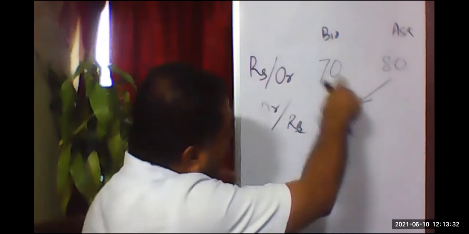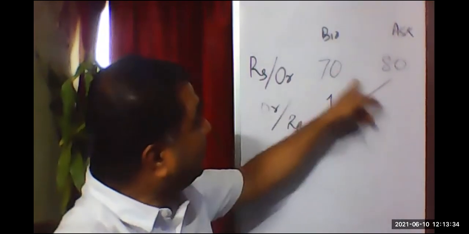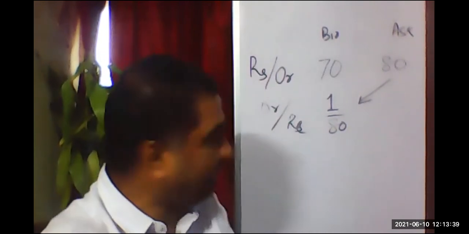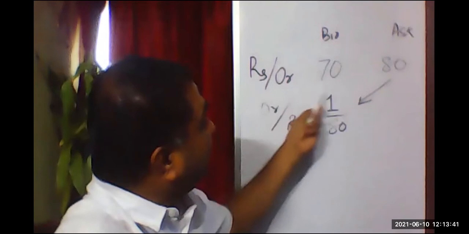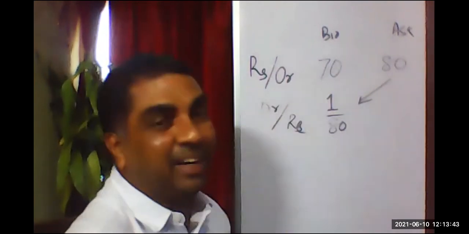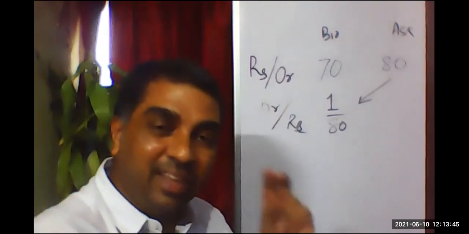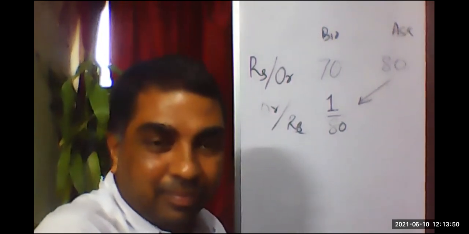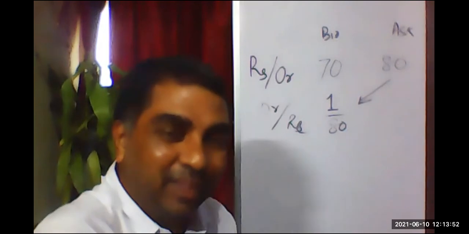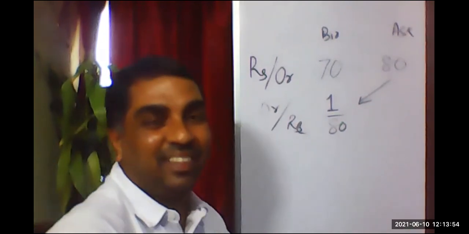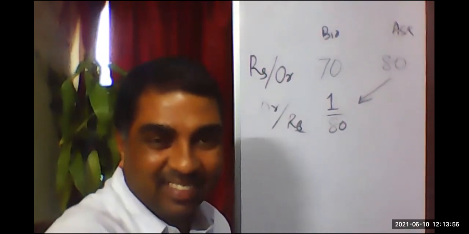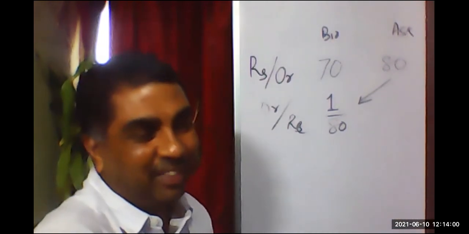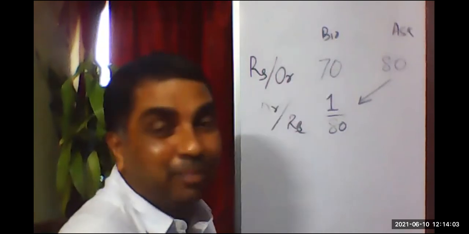Now from the same angle, let us calculate the ask rate. Tell me, friends, here the orange seller is buying at 70. When I say she is buying orange, what is she selling? She is selling 70 rupees, because she will pay you 70 rupees and you will take those 70 rupees. So she is selling you 70 rupees.